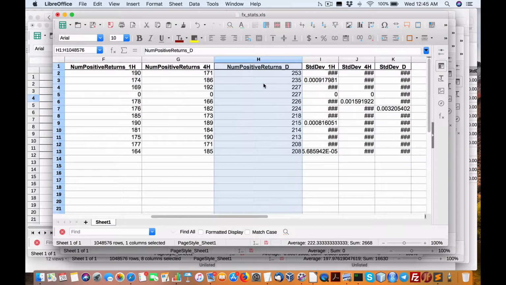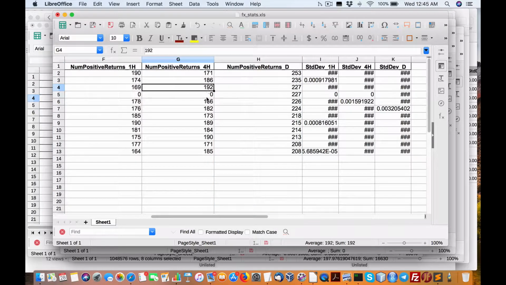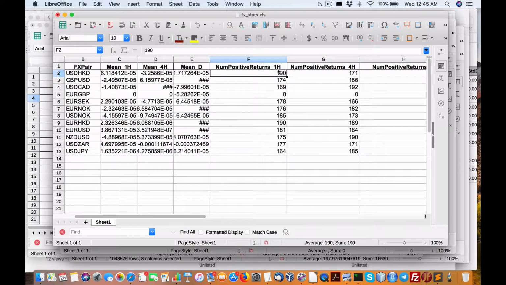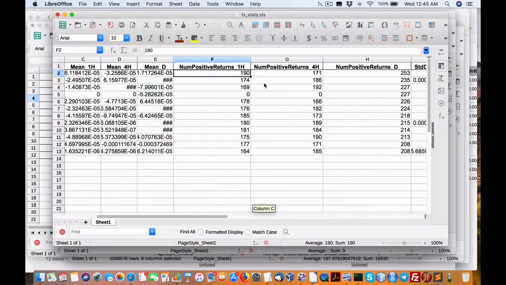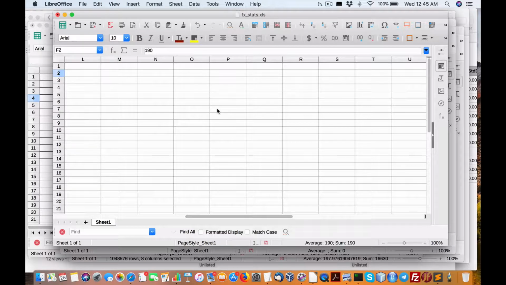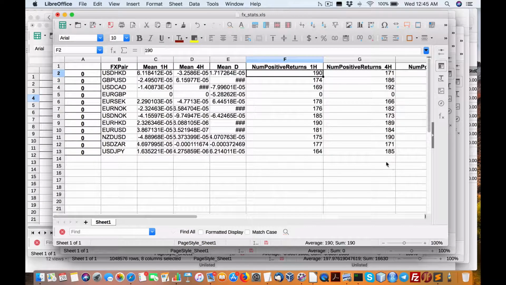But when you drill down into 4 hourly, it looks like the US Canadian has the most number of positive returns. And then again, if you want to look at intraday on the hourly, we have the USD Hong Kong dollar. So knowing all this, we can build some kind of overall ranking for all of these currency pairs using an algorithm with all these different techniques.